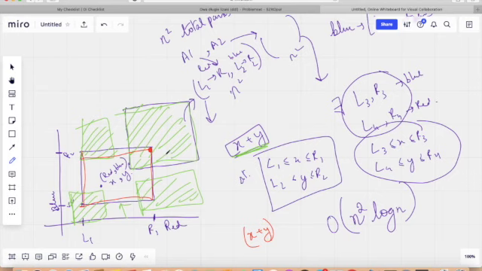So x and y is covered by both red and green rectangles. Now maximizing x plus y might seem difficult, and you might think that there is another dimension of information that we are adding, but it's really not so, because we will only want to find the values when there is an ending line of a rectangle, or let's say a beginning line of a rectangle, or things like that.